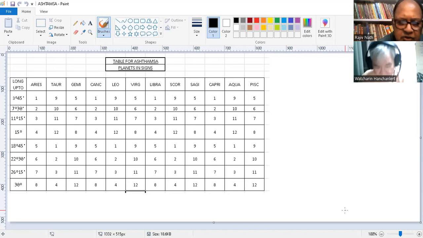In D8, one sign is divided into 8 equal parts. 8 equal parts means 3 degrees 45 minutes each. So this table will apply. This is the arithmetical part; you don't need to concentrate on this. I'll show you now.